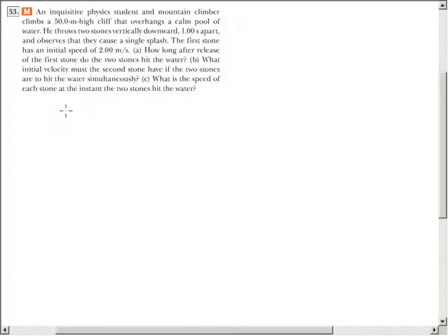Well, let's think about what we know about the first particle. We know the initial position. We know the final position. We know the initial velocity.